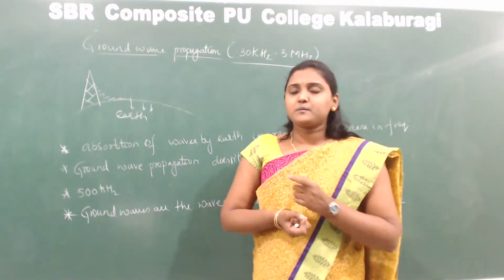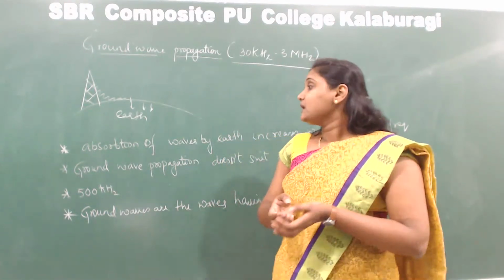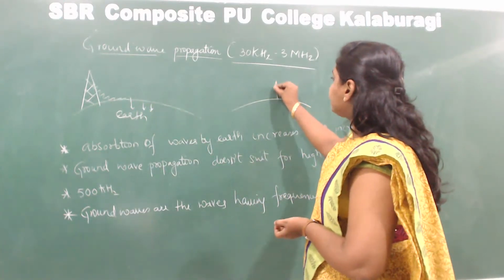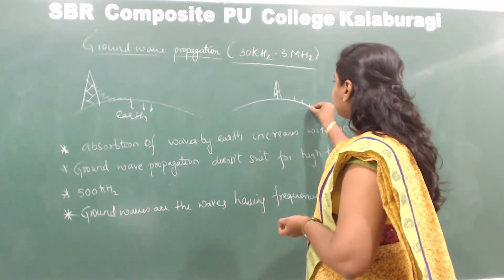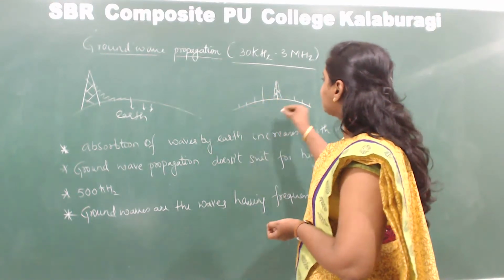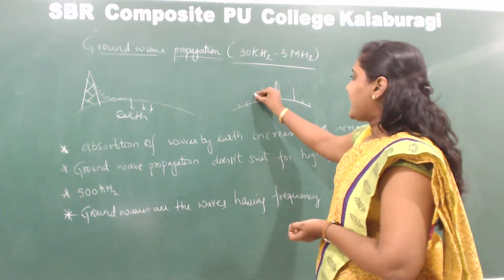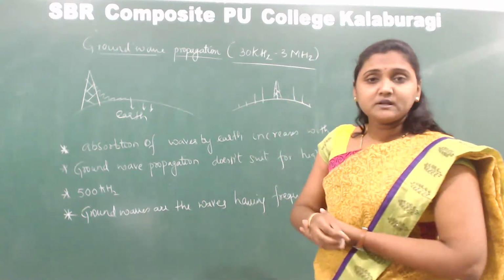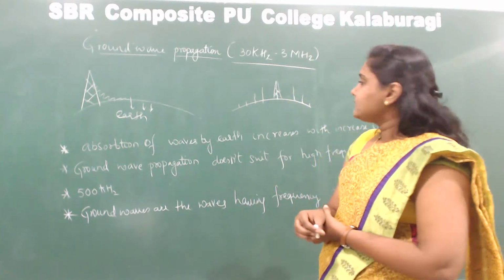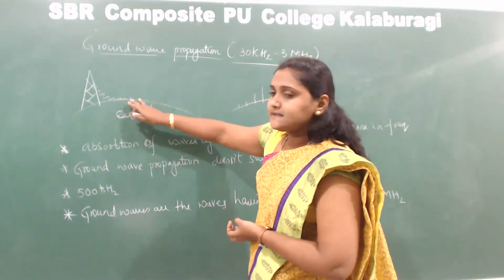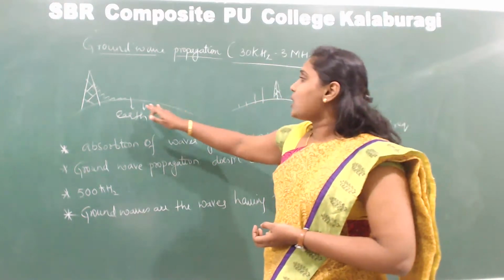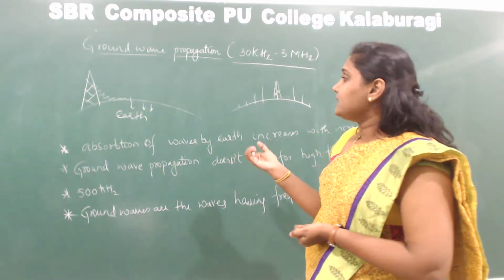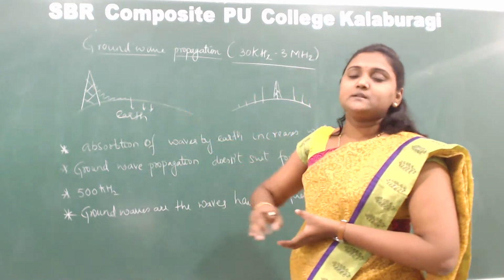As I discussed in the previous class, the signal keeps on reducing as it moves away from the transmitting antenna. As the distance keeps increasing, the earth just absorbs the waves and the strength of the signal keeps on degrading.